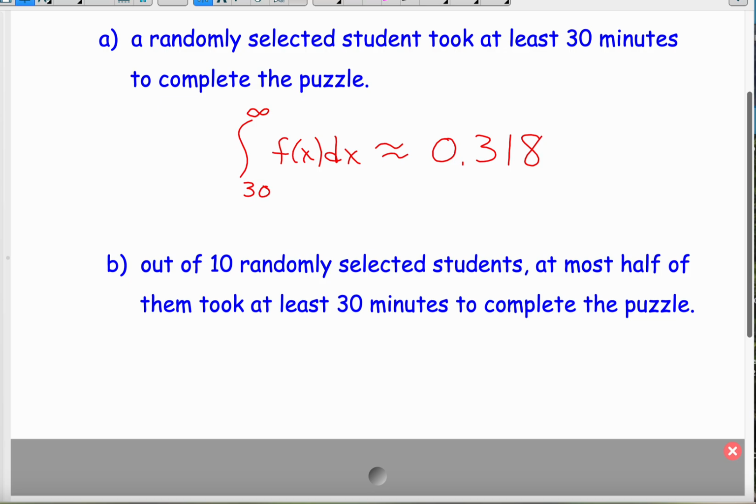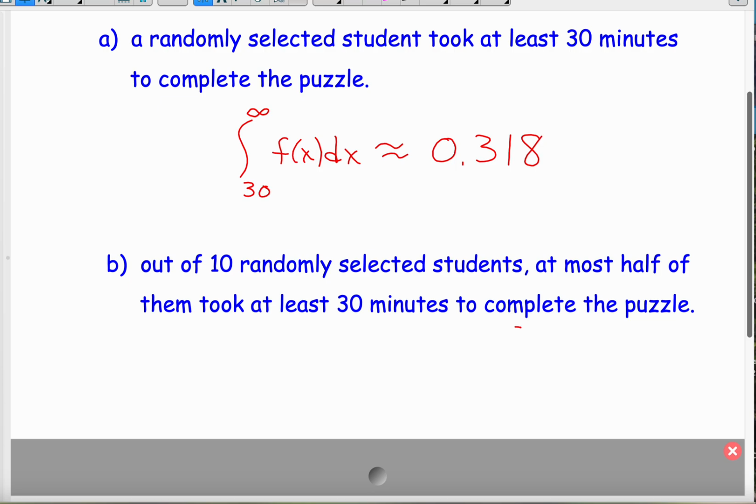Out of 10 randomly selected students, find the probability that at most half of them took at least 30 minutes to complete. So now this has switched. Did you recognize this as a binomial? The success is if it takes at least 30 minutes, and failure would be it took less than 30 minutes.